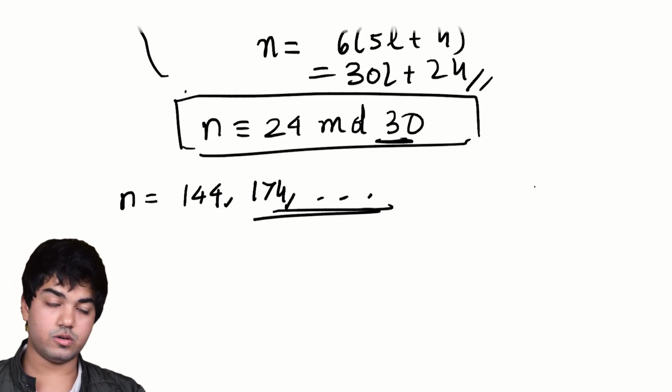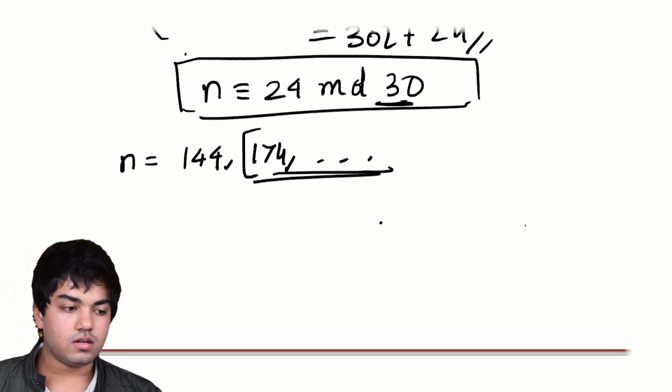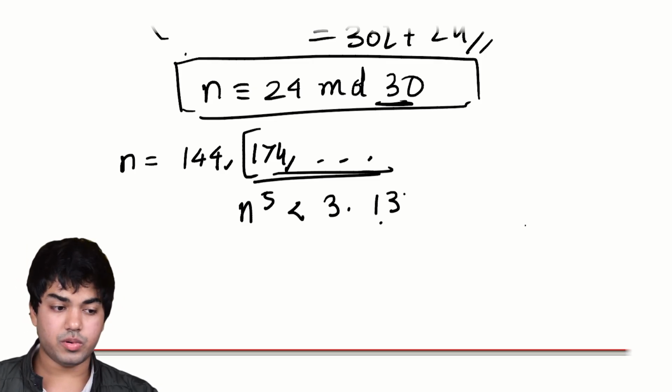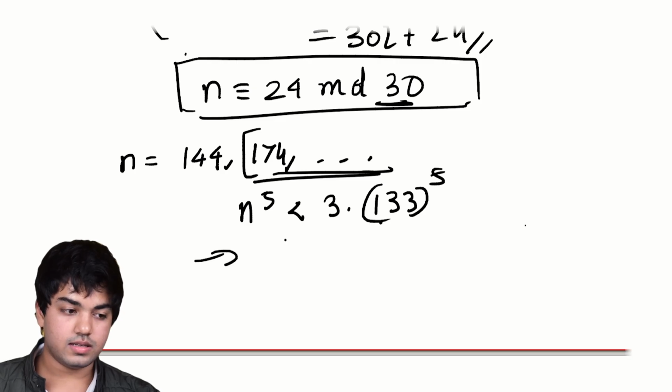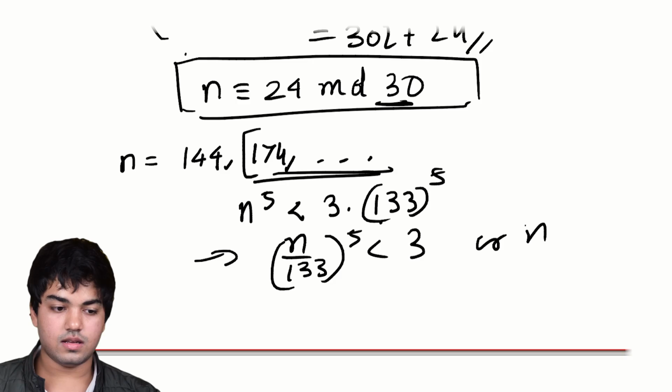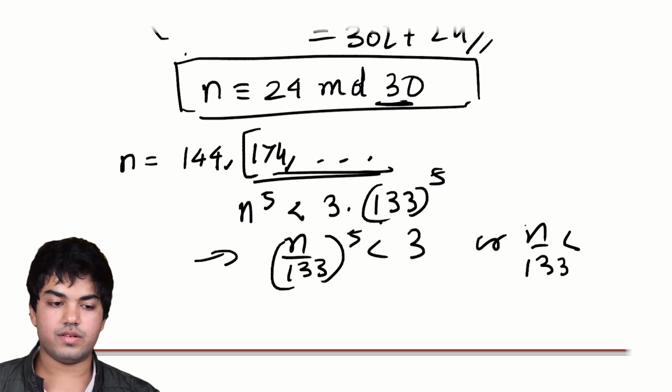I kind of give you a map to do that. In particular, you can show, it's not much work, that n to the 5 is less than 3 times 133 to the 5. In particular, n by 133 to the 5 is less than 3, or n by 133 is less than 3 to the 1 by 5.